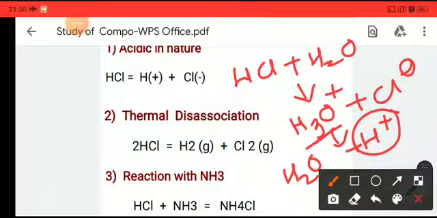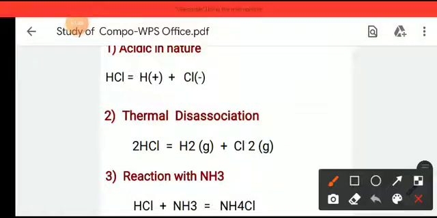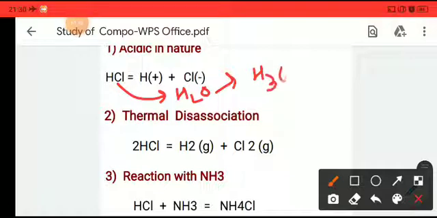Okay, so HCl as a gas is already acidic in nature, but when it is dissolved into water, it will give H3O+. This hydronium ion will further dissociate and form H2O plus H+.